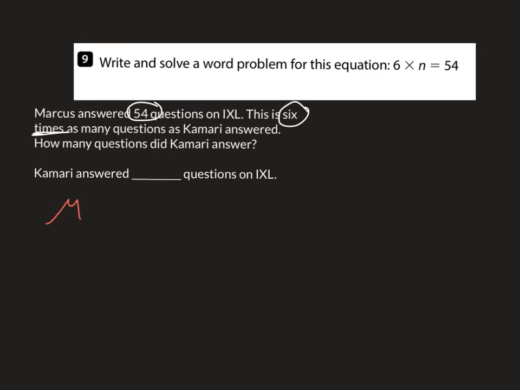We have Marcus and we have Kamari. Marcus answered 54 questions. Kamari answered 6 times fewer. So 54 divided by 6. We have our equation with our variable set up. So Kamari answered a total of 9 questions.